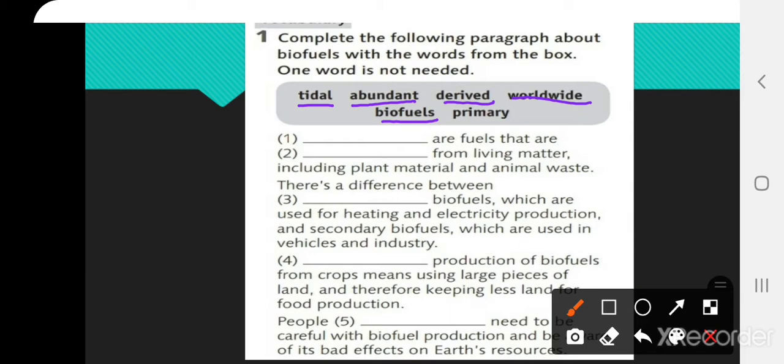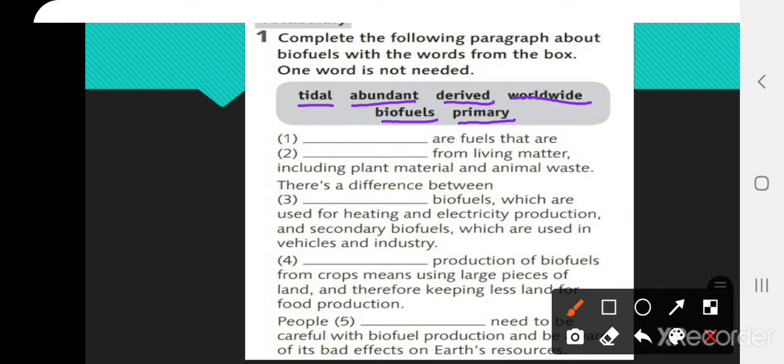Okay. Primary, which means essential, أساسي. Okay, so we have all known this vocabulary before. Let's just now try to write them in the correct blanks or in the correct spaces.